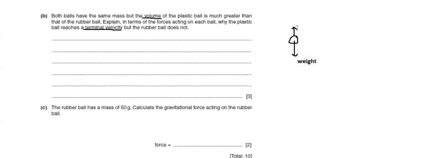And in the upward direction we have the air resistance. These two forces act in opposite directions, and when these two forces become equal, then the constant velocity, called the terminal velocity, is achieved.